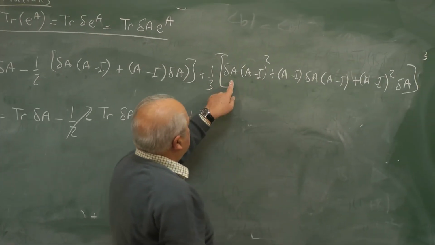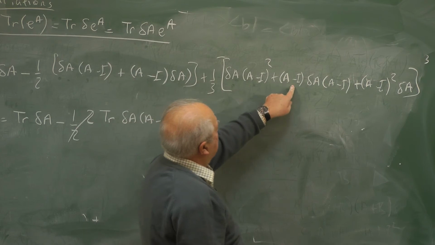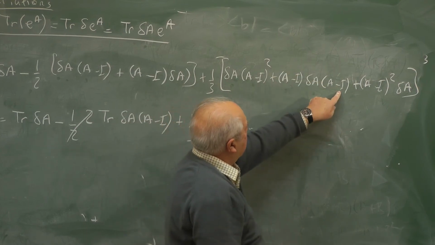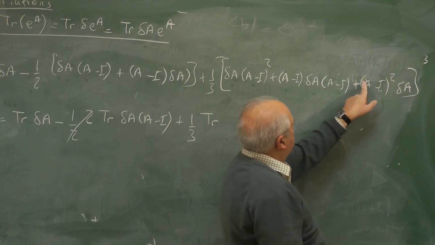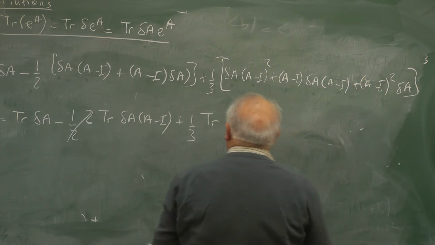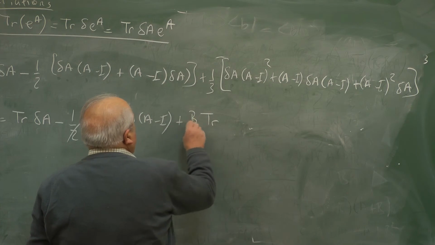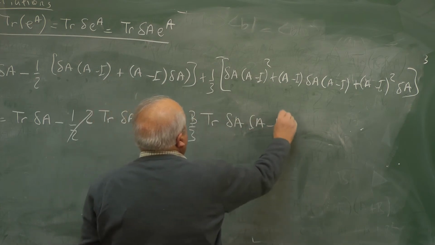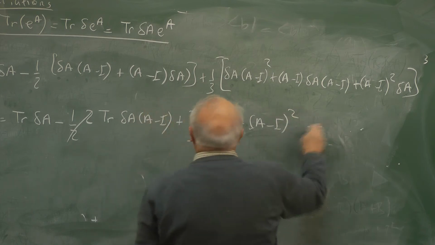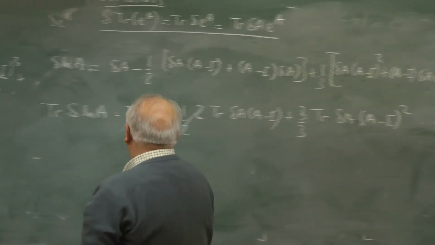Suppose I want to have delta A in the front, so in the trace of this I can put it back, and in the trace of this I can put this one to the front. So I have three trace delta A minus I square, etc. It goes. So let's see what happens.